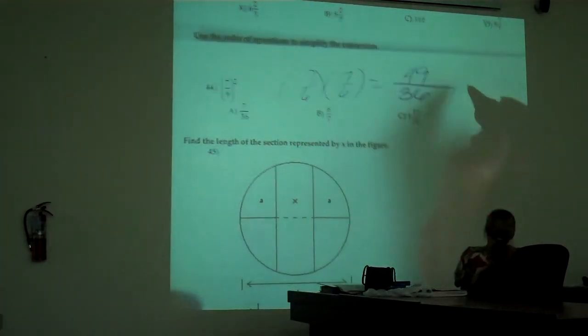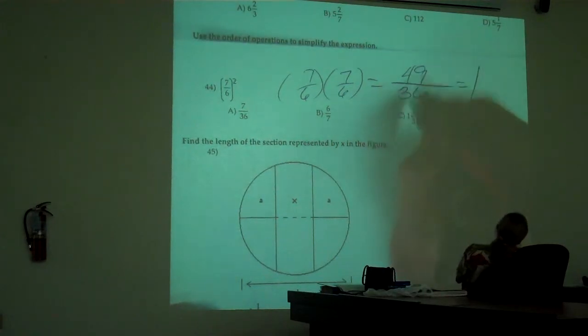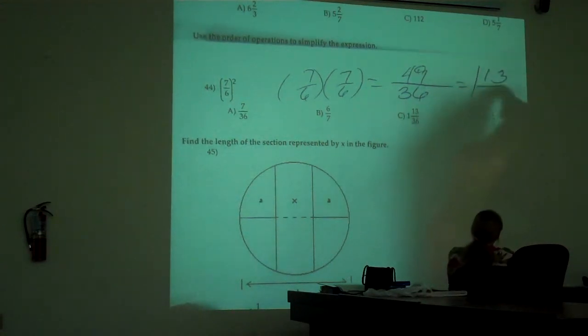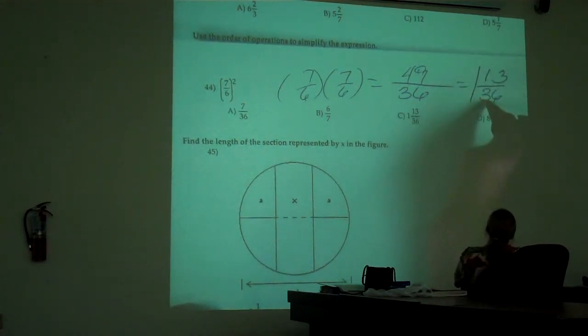Which is? Goes one time and then subtract it. 36, 13, right? That won't reduce, will it? 12 would have reduced, but not 13.